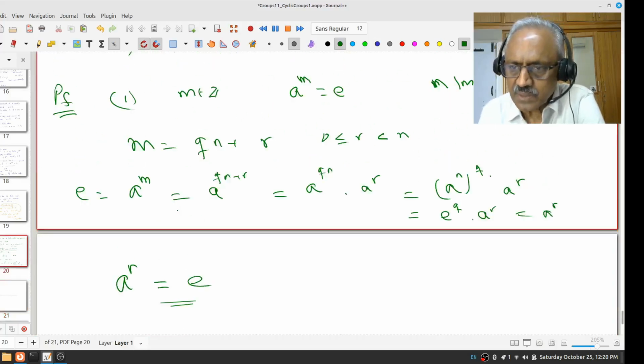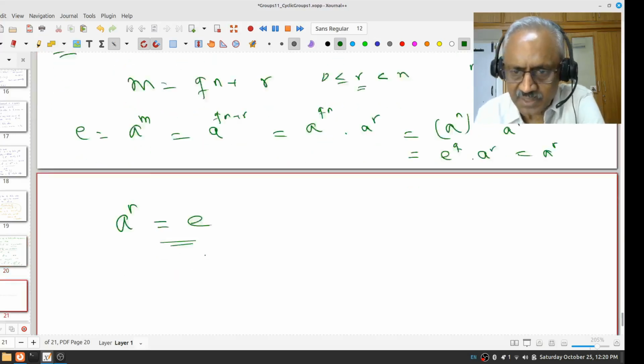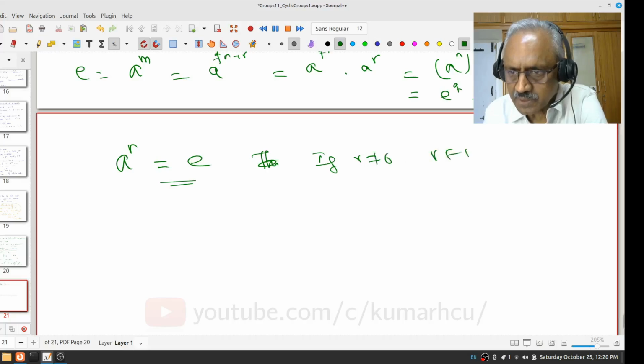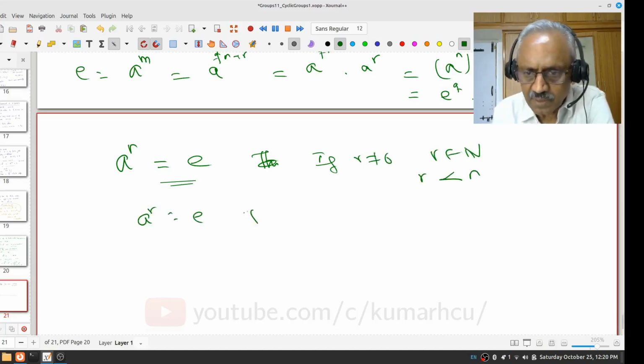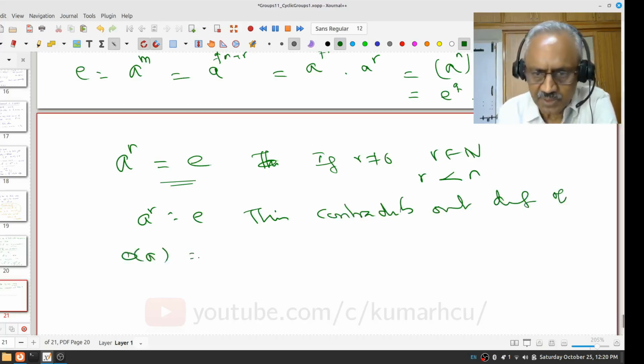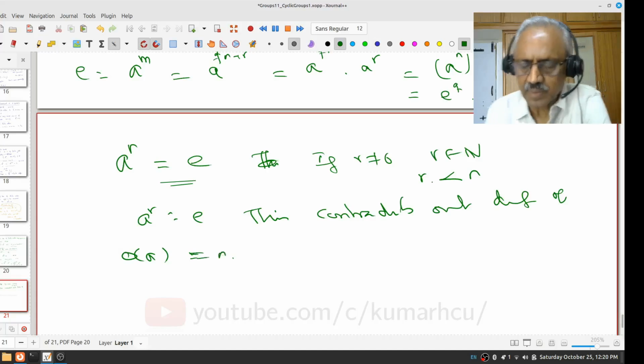Right? Now notice this, r cannot be positive. If r is not equal to 0, then r is a natural number which is strictly less than n, but a to the power r is identity. This contradicts our assumption, our definition of order of a, which is n, right?